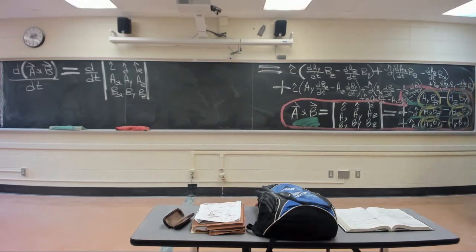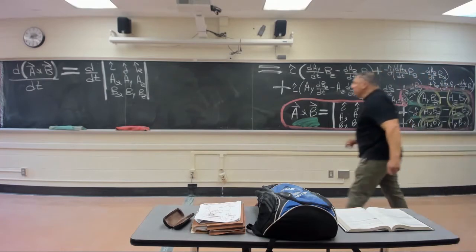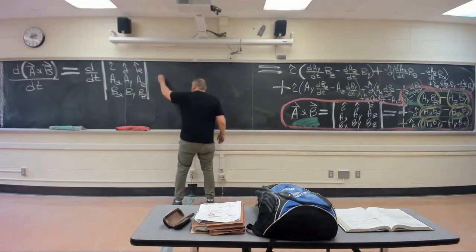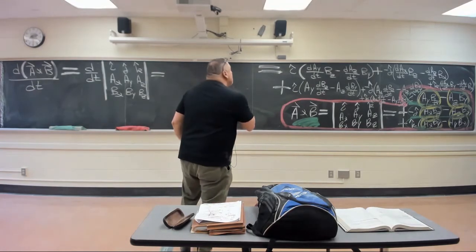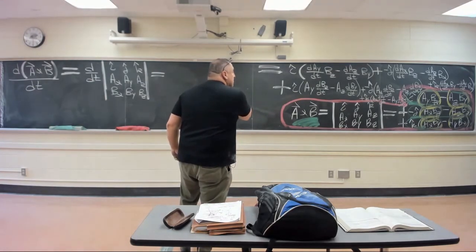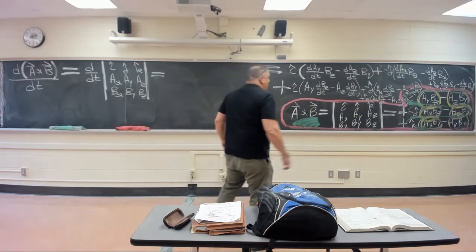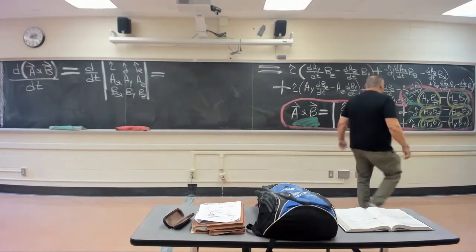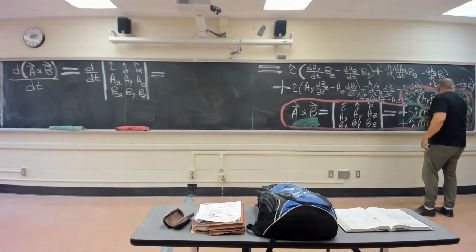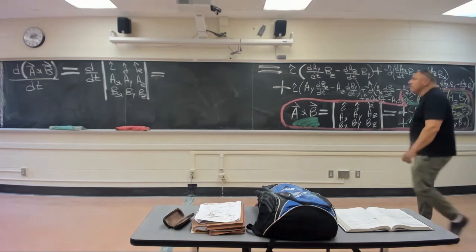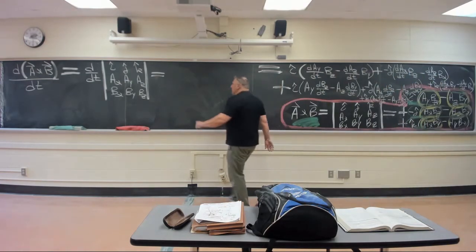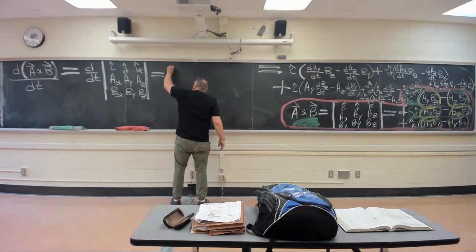Well, what you're going to do is, when you actually do this, what we got here, product rule right here. We can argue this a bunch of ways. Let me try to make this somewhat easier.